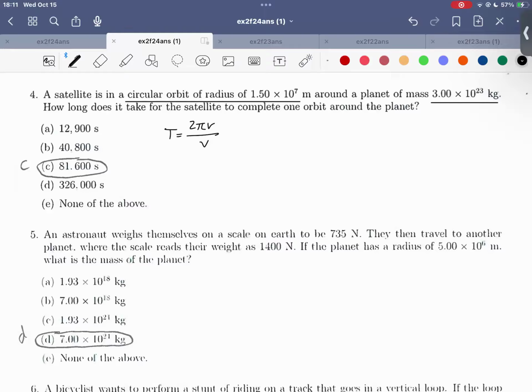Okay, and then from here, we don't have velocity, so that's probably something that we'll have to solve for, right?